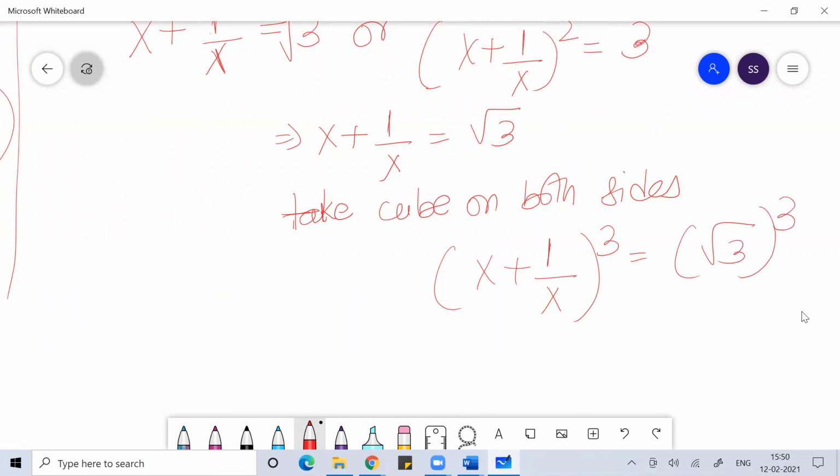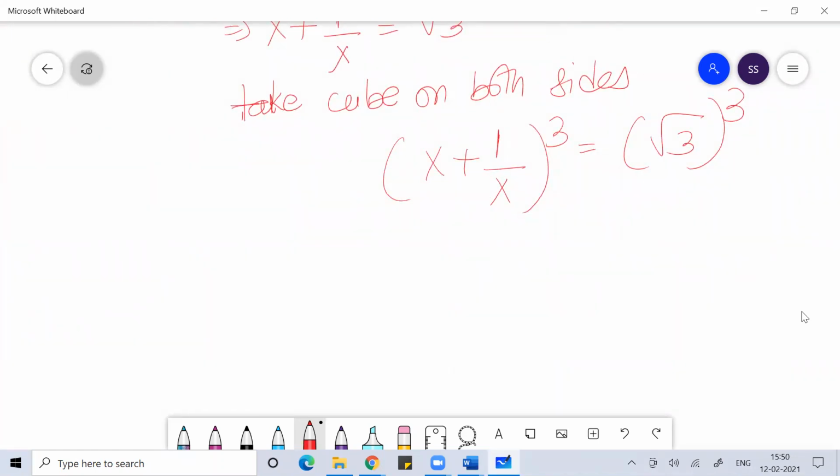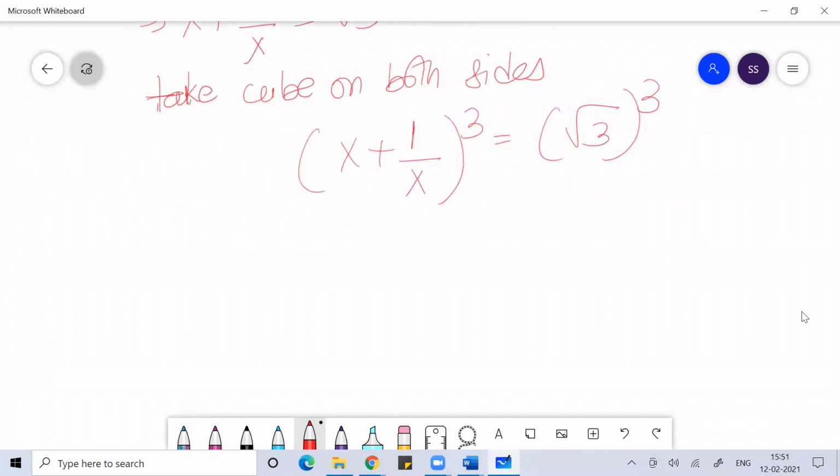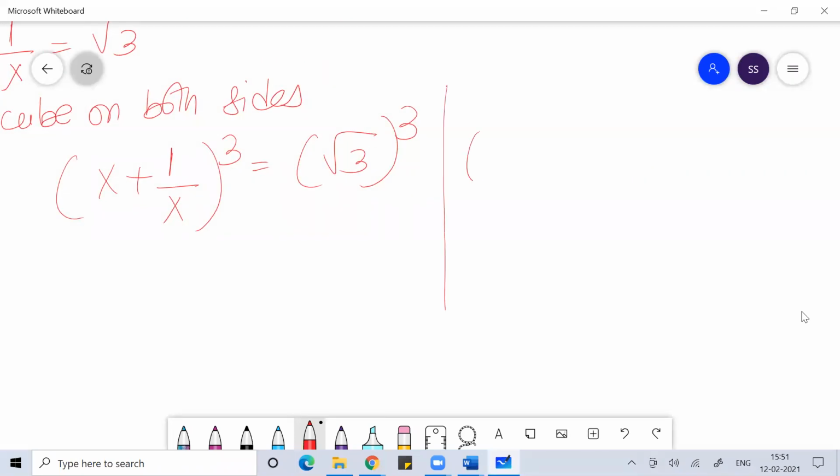I believe everyone knows what a plus b whole cube is. So what is a plus b whole cube? a plus b whole cube is a cube plus b cube plus 3ab into a plus b. So the same thing I am using here.